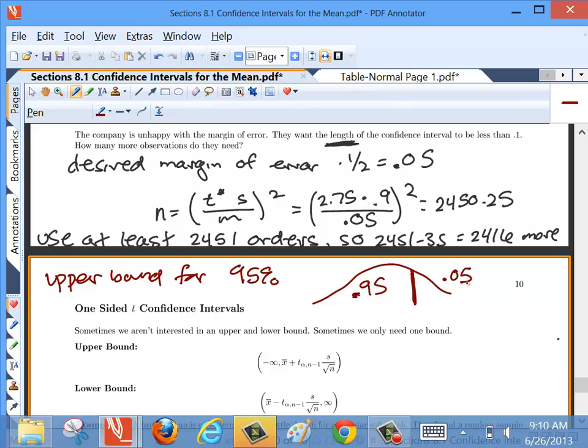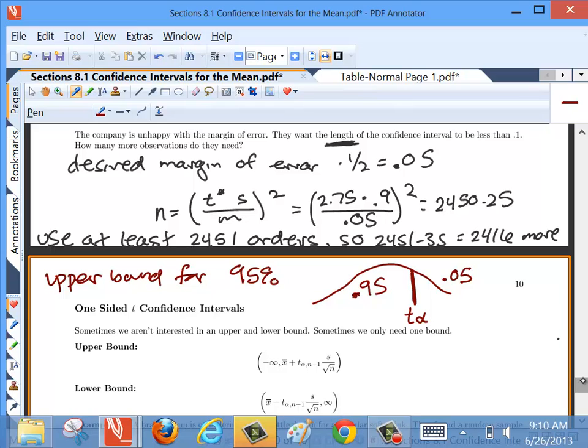So now instead of having 0.025 in each tail, I just have 0.05 in only one tail. So instead of calling this t alpha over 2, it's now going to be a t alpha, because I don't have two tails. Now again, you can try and memorize the formulas and the notation, or you can just draw yourself a pretty picture and it'll probably be a little bit easier.